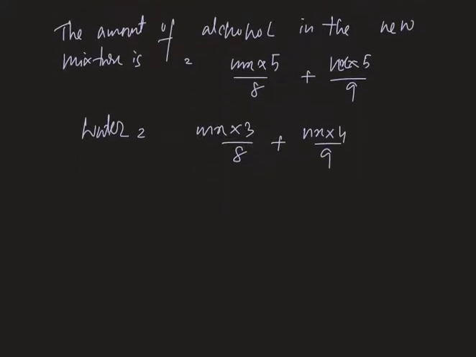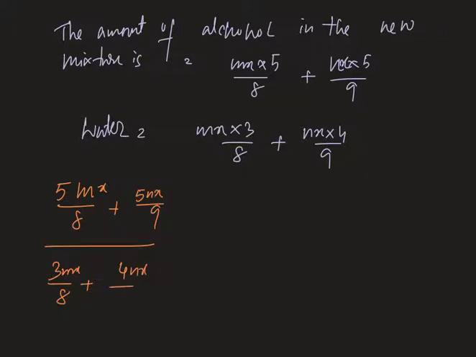So if we divide these two amounts, we get 7/5. Hence our required equation is (5mx divided by 8 plus 5nx divided by 9) whole divided by (3mx divided by 8 plus 4nx divided by 9) is equal to 7/5.